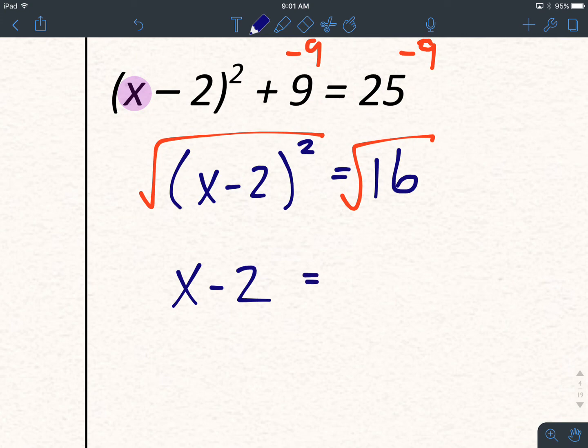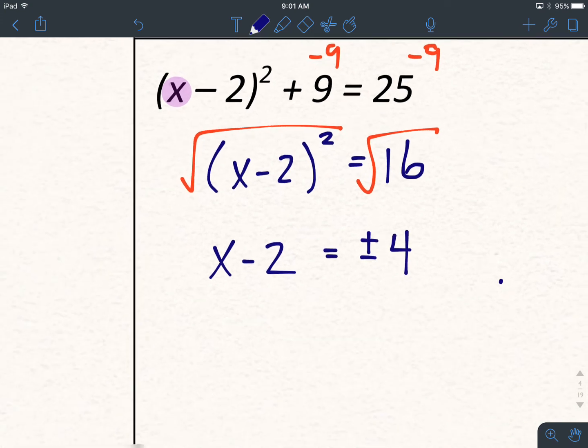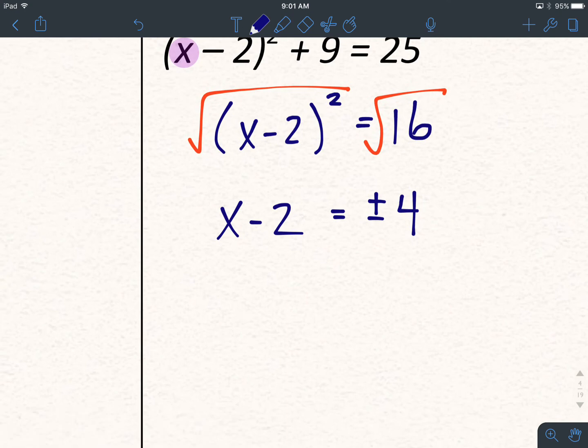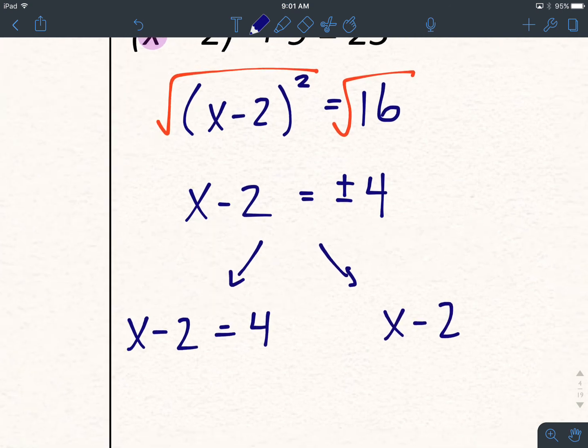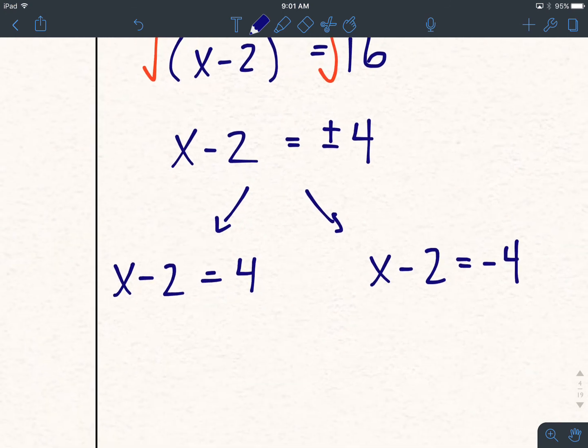And over here we have a plus minus 4. Now, at this point, we have sort of a divergence happening. We have one situation where we know that x minus 2 will be equal to positive 4, but we have another scenario where x minus 2 will be equal to negative 4. Both of these are going to result in correct answers. We need to work each of these scenarios out.